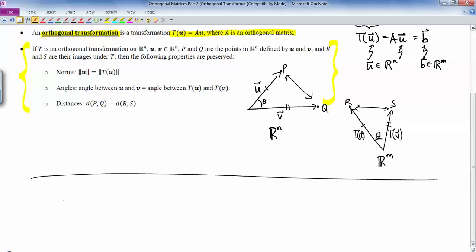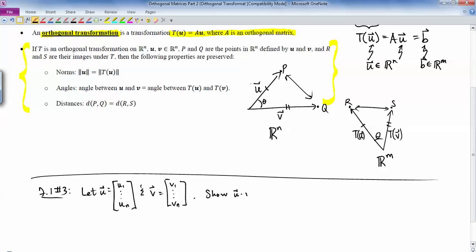There's a homework problem, it was 7.1, number 3, and that said, let U equal a column vector U1 down to Un, and V also equals a similar column vector. And we wanted to show that U dot V equals the same thing as V transpose times U.